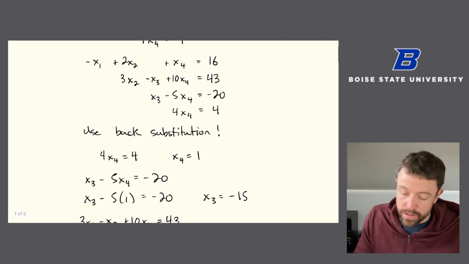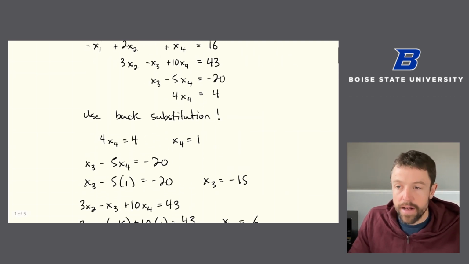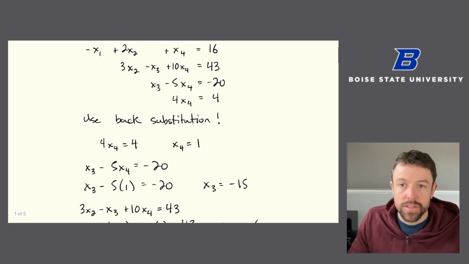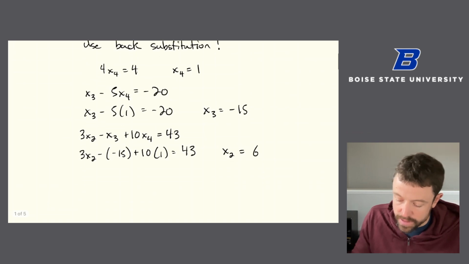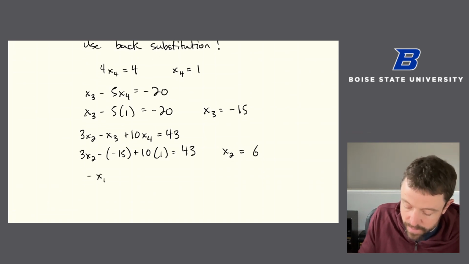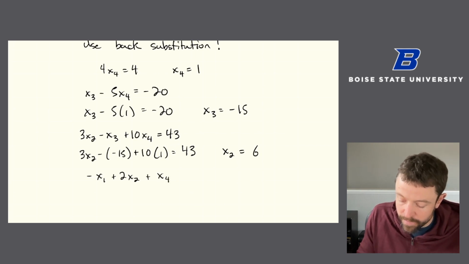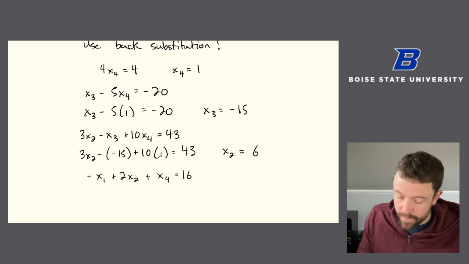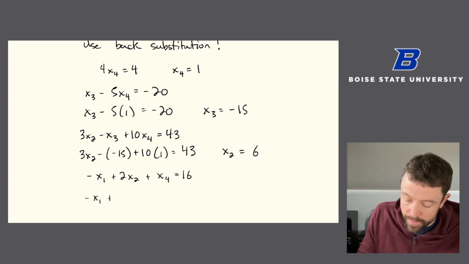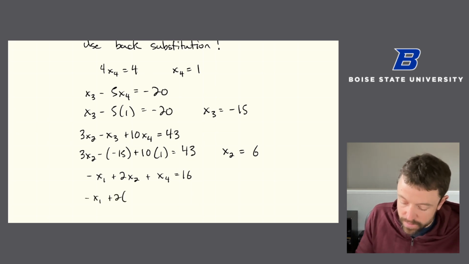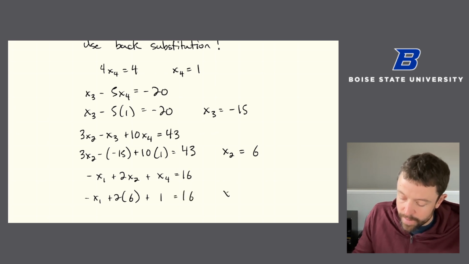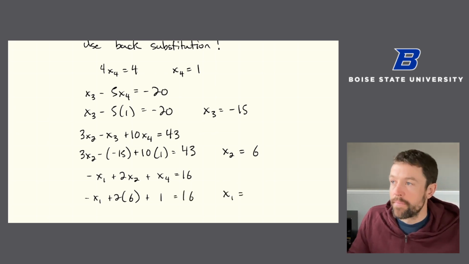And then finally, I should go up. I have my final equation, minus x1 plus 2x2 plus x4 equals 16. When I plug in the values that I've found, I find that x1 is negative 3.